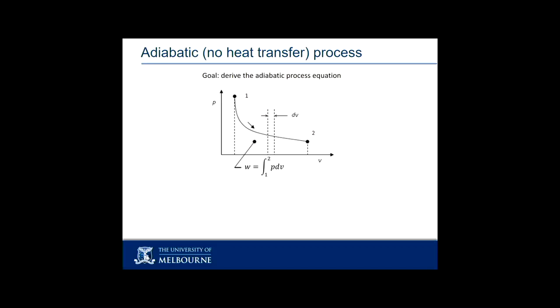So, the adiabatic process equation, if you remember me waving, I said polytropic processes, PV to the power n equals a constant. The adiabatic version of that was PV to the power gamma. So that's what we're aiming for. PV to the gamma is a constant.